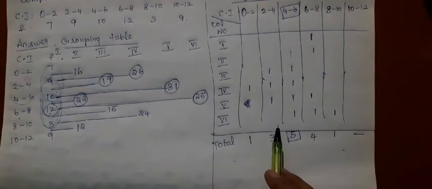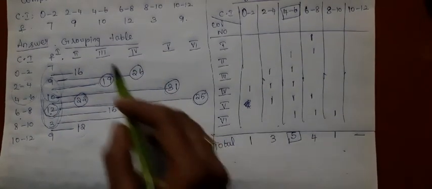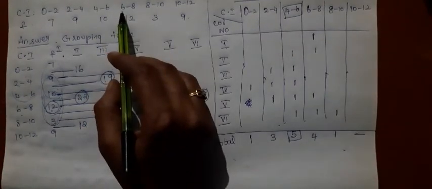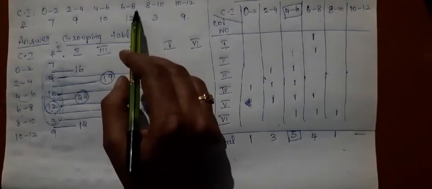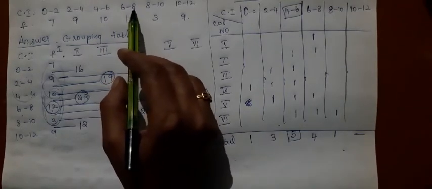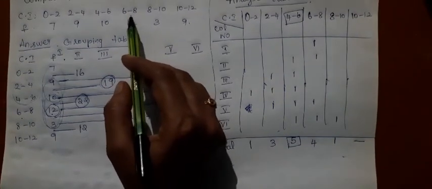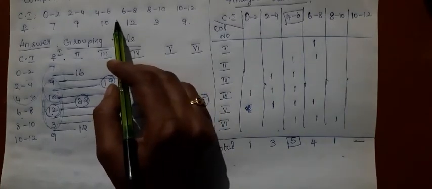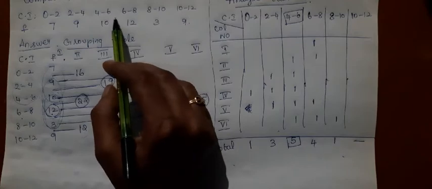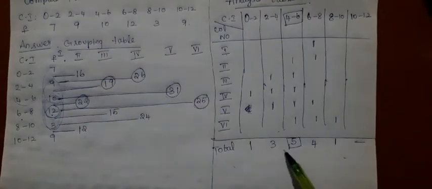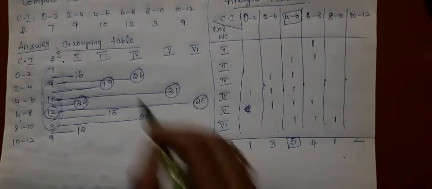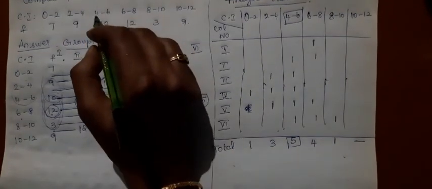Without having this grouping and analysis table, you would have concluded that 6 to 8 is the modal class, since it has the maximum frequency. That is wrong. The analysis table gives you the information about which class has the maximum frequency density. So 4 to 6 is the modal class.